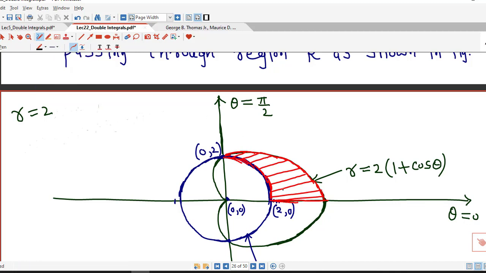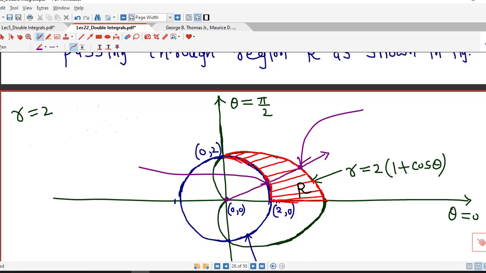So once we have the region of integration, it is easy to find the limits of integration. We imagine a ray starting from origin and passing through the region of integration, and we find the value of r at the points at which the ray is entering the region and the ray is leaving the region.